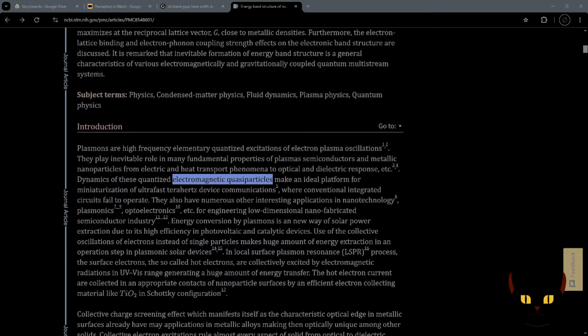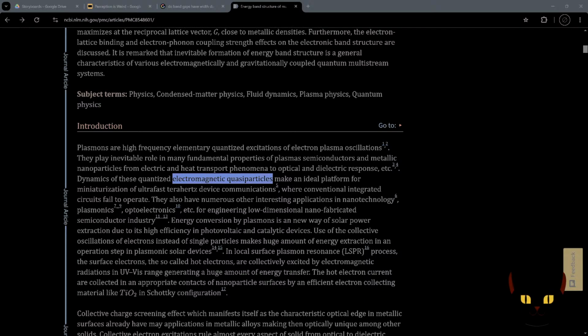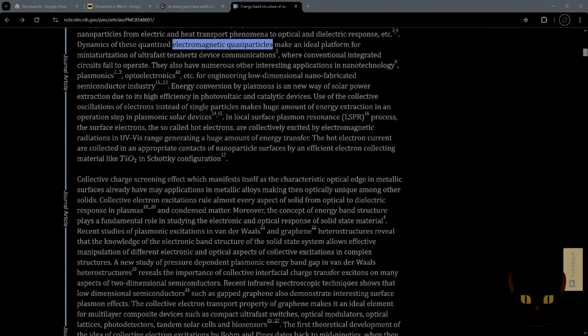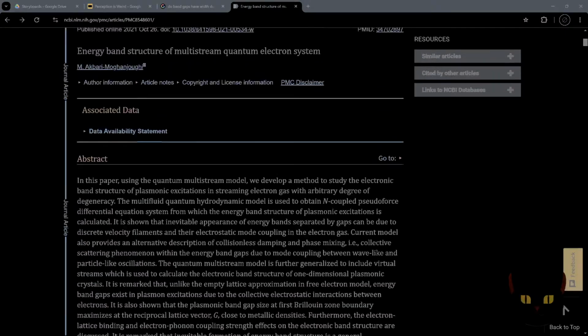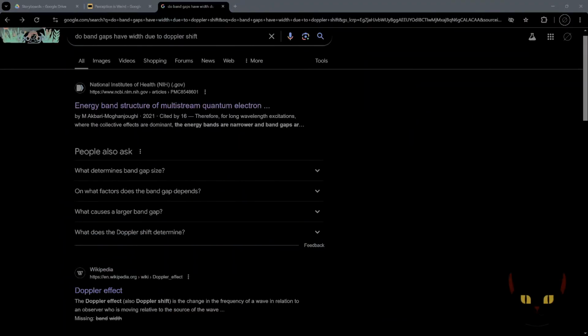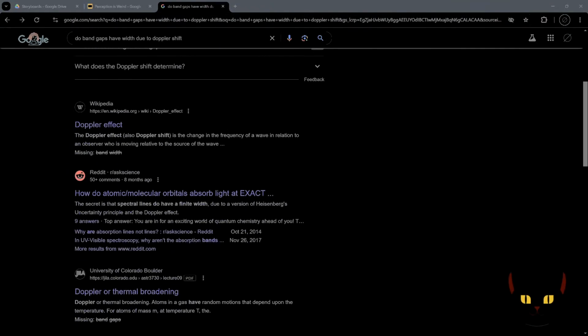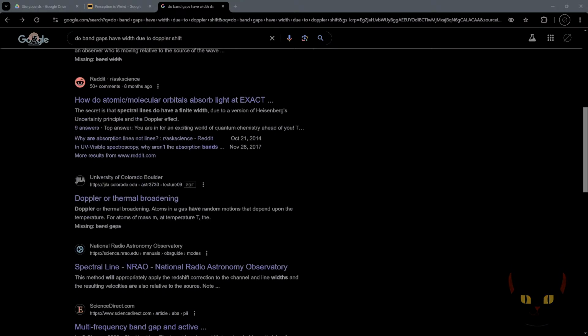Yeah, so this is electromagnetic quasi-particles. So they're doing something that causes the electrical field to act like a quantum particle. It's kind of not what I was wondering about. Kind of is.